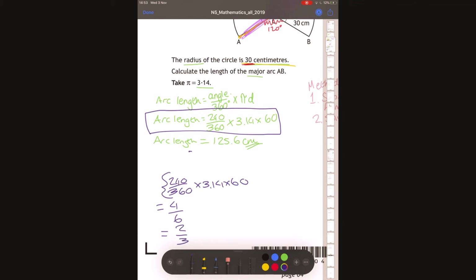So now this becomes 2/3 times 3.14 times 60. So we can do 60 times 2/3. What is 2/3 of 60? 40, because a third is 20 and 2 times 20 is 40. So then 40 times 3.14.